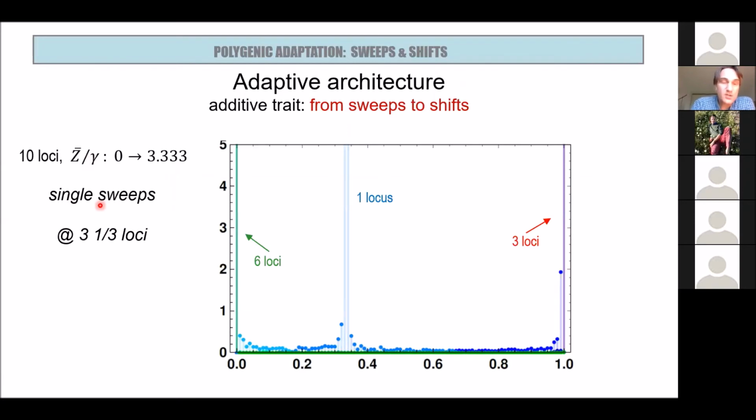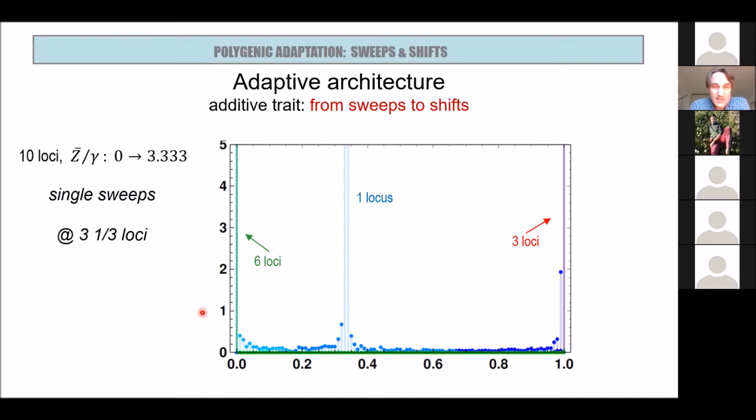This is an obvious way we can accomplish this. On the x-axis here is allele frequency, and on the y-axis is the density of the frequency at the various loci across many replicates.